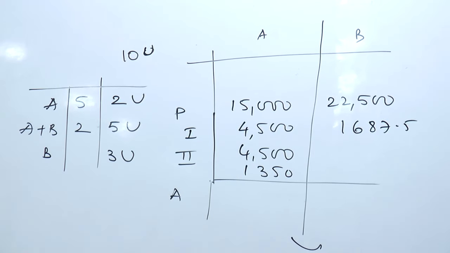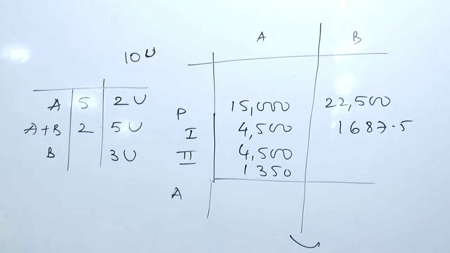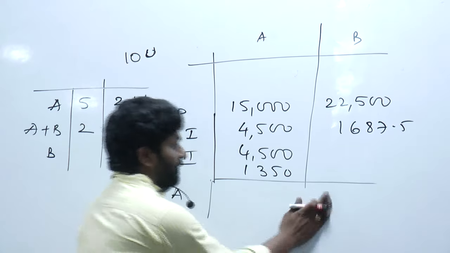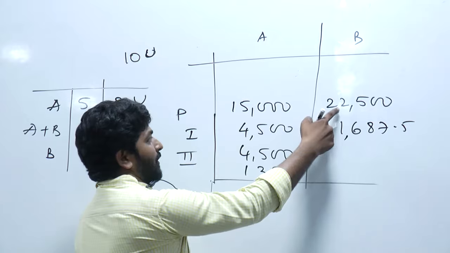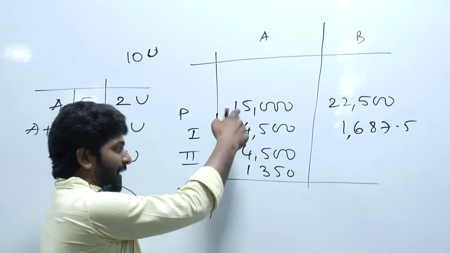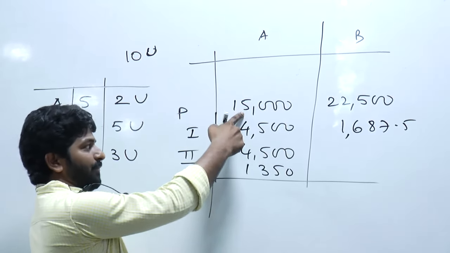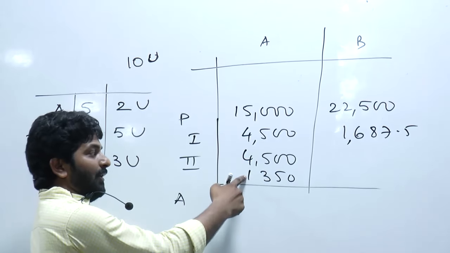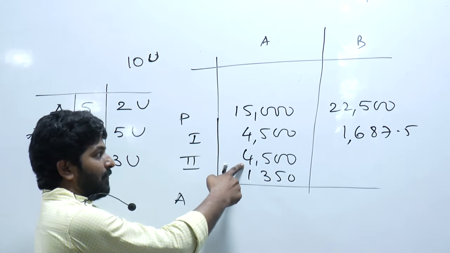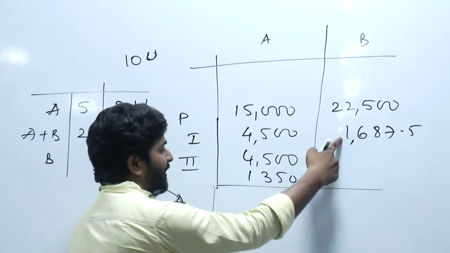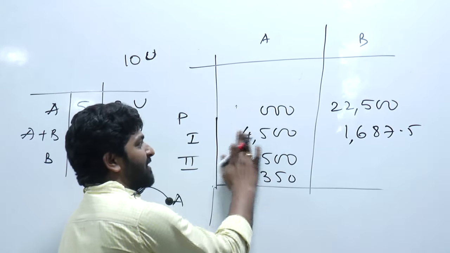What is your question? You asked about difference, right? How much you have? 22,000. Let me calculate thousands here. 15, 19, 20, 24. How much you have? 23. So take thousands aside.